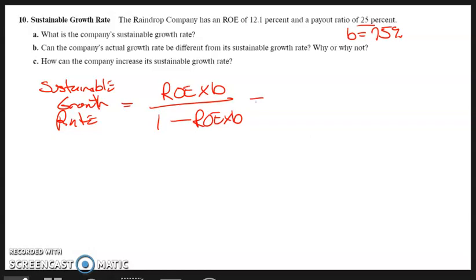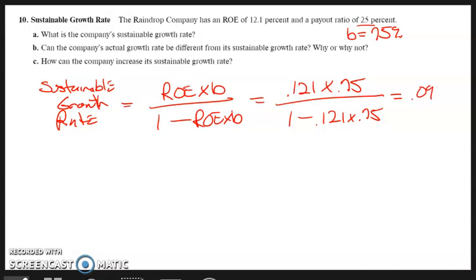So that's going to be 0.121 times 0.75, divided by 1 minus 0.121 times 0.75. So that is 0.0998, or 9.98%.